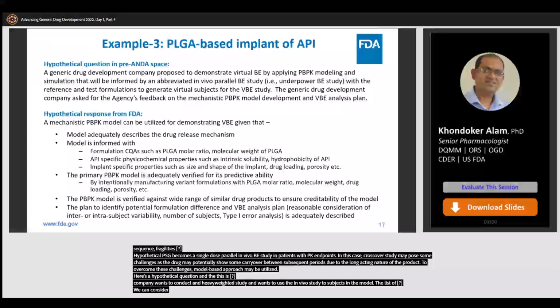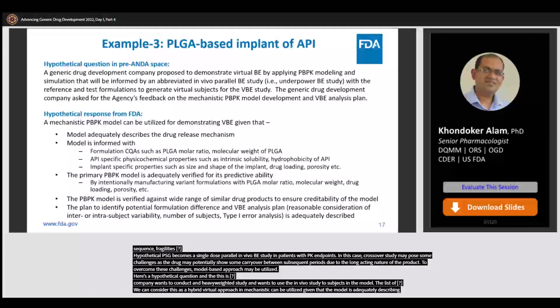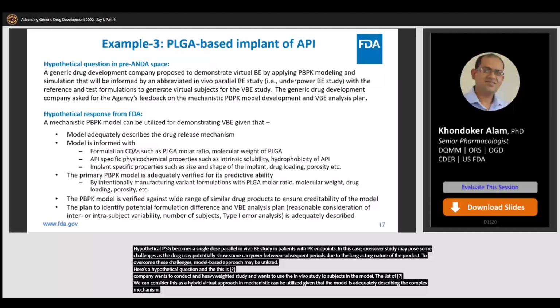A mechanistic PBK model can be utilized to demonstrate virtual bioequivalence given that the model is adequately describing the complex drug release mechanism. The model is informed with formulation sequence, API specific physicochemical properties, implant specific properties. The primary PBK model is adequately verified for its predictive ability.